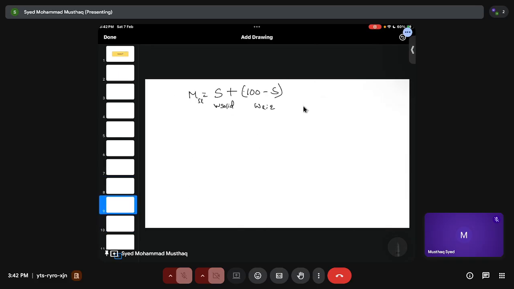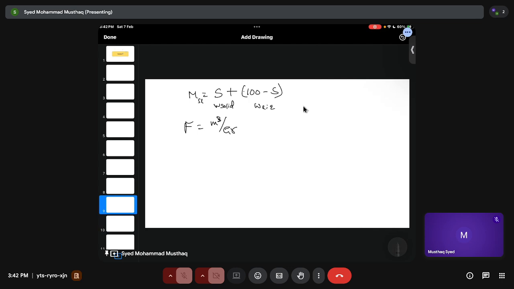Now if they ask what is the volumetric flow rate, how do we define it? Let's say that is defined as F. The flow rate is given in meter cube per second, and here we use meter cube per hour.